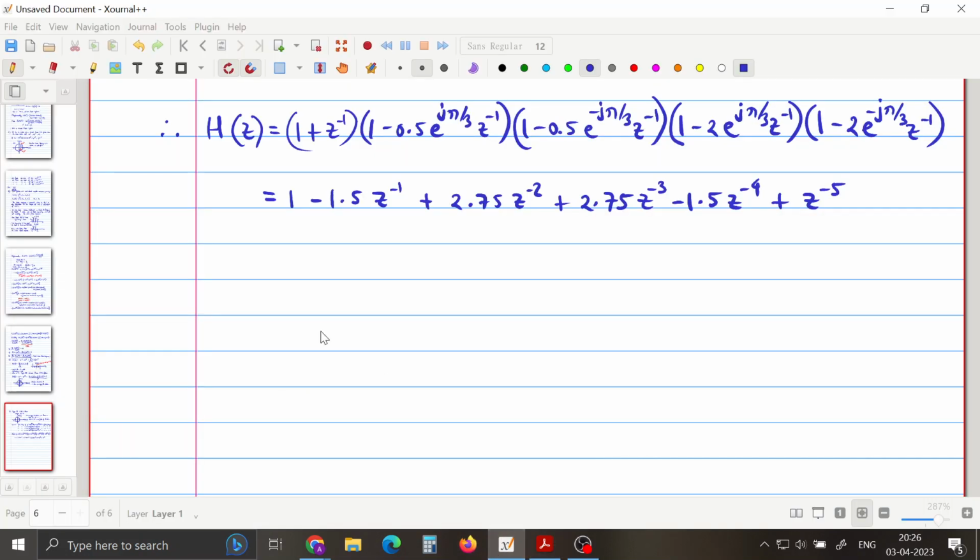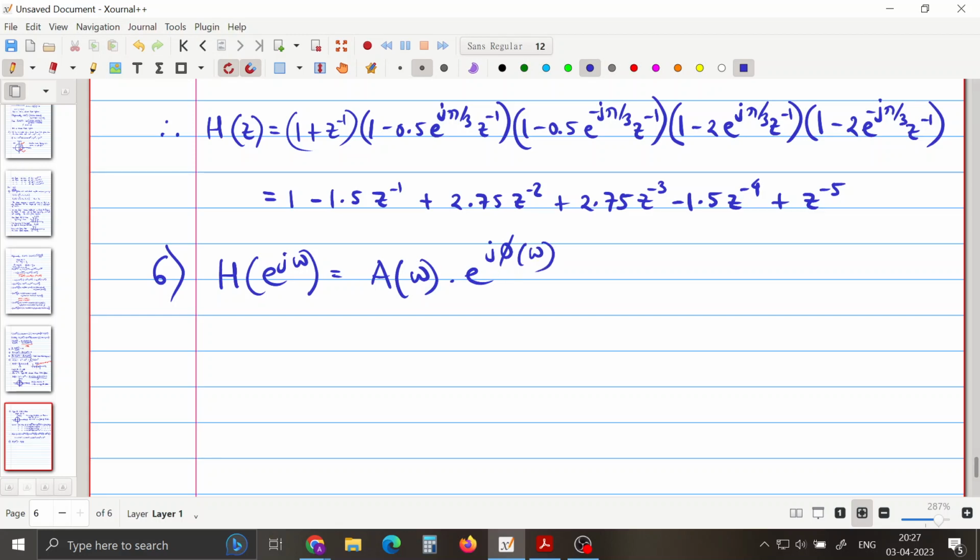Alright, we are in question number 6. This particular representation of the frequency response is like this: A of omega times e power j phi of omega. Phi of omega is the continuous phase, and A of omega is a real number.